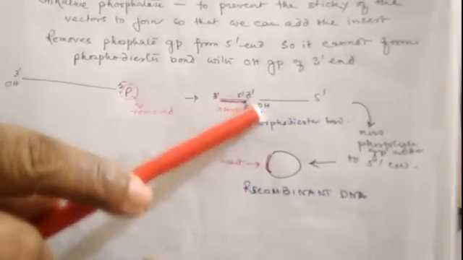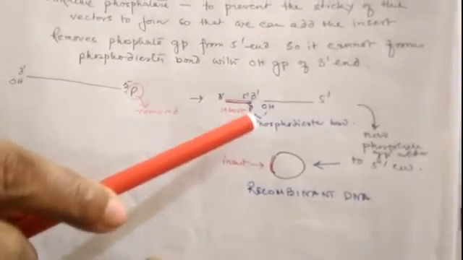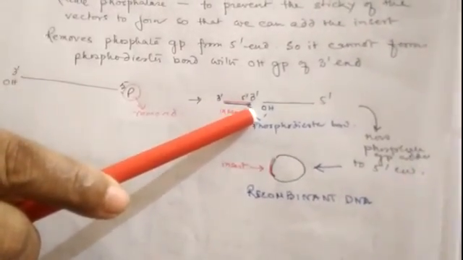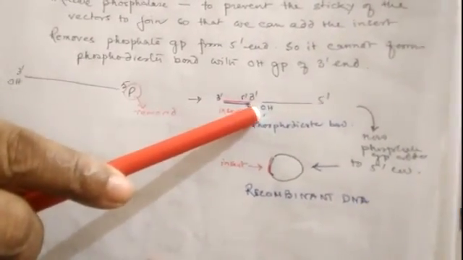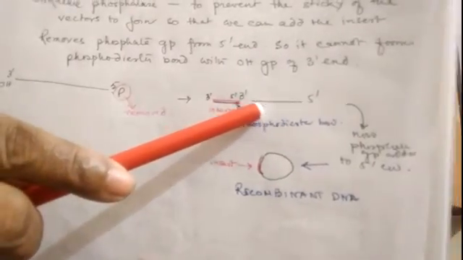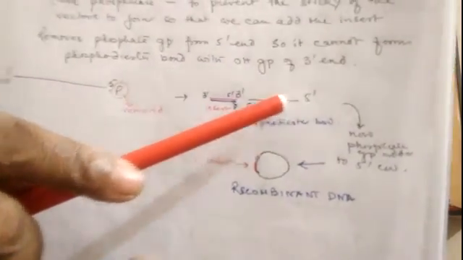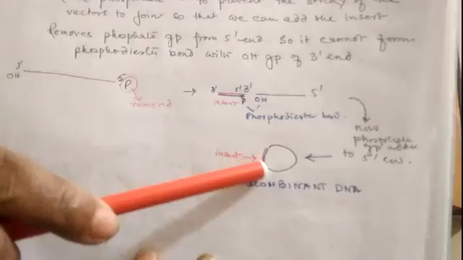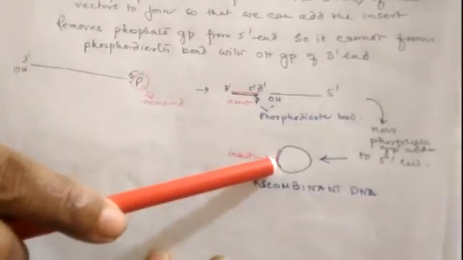The hydroxyl group of the 3' end will remain free, and the phosphate of the 5' end of the insert DNA, the foreign DNA or DNA of our interest, can form a phosphodiester bond with the 3' hydroxyl group of the vector DNA, and finally they can ultimately form a circular DNA where the vector is having the desired DNA. Clear? So it is now a recombinant one having the desired DNA.